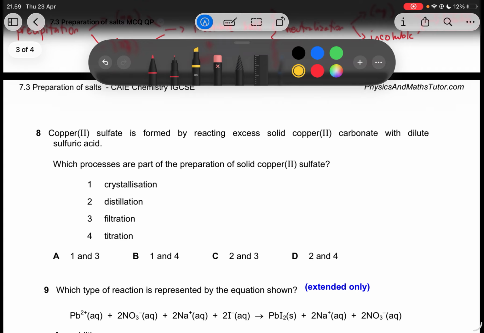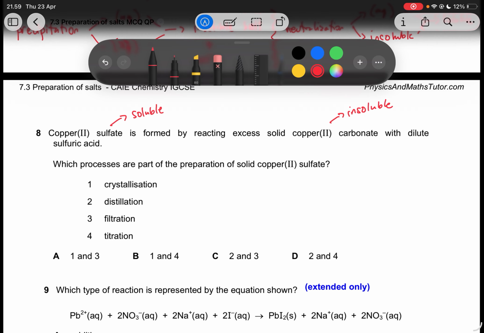Next, number 8. Copper 2 sulfate is formed by reacting excess copper 2 carbonate with dilute sulfuric acid. Again, as we have mentioned, copper 2 sulfate is soluble, while solid copper carbonate is insoluble.